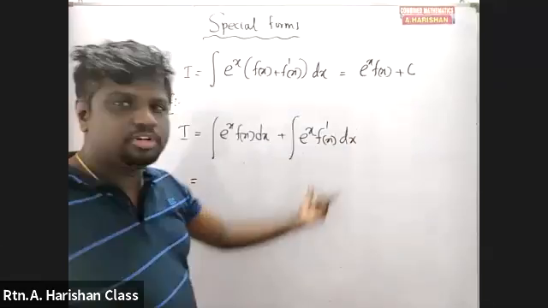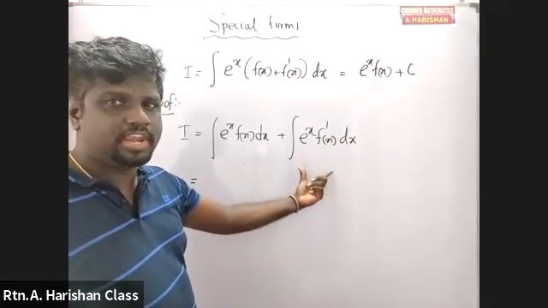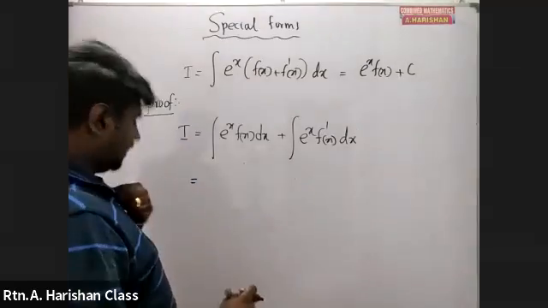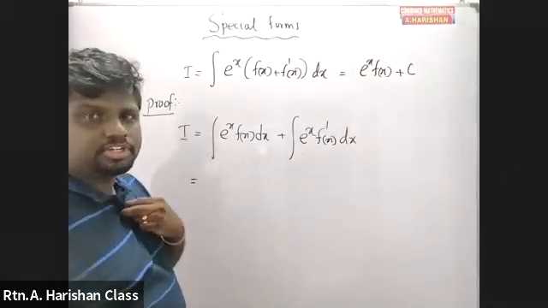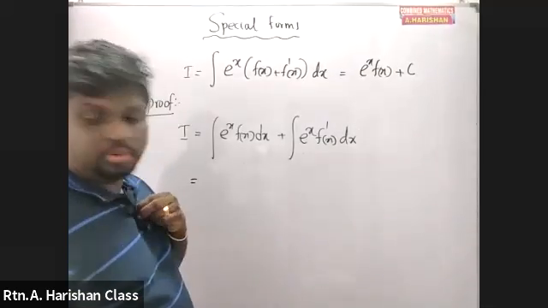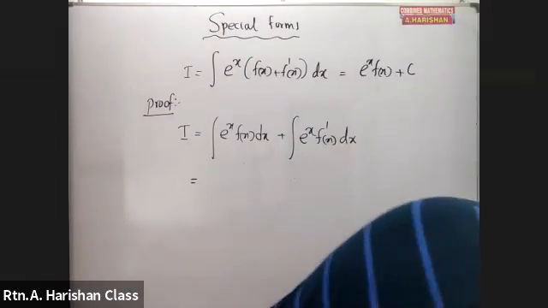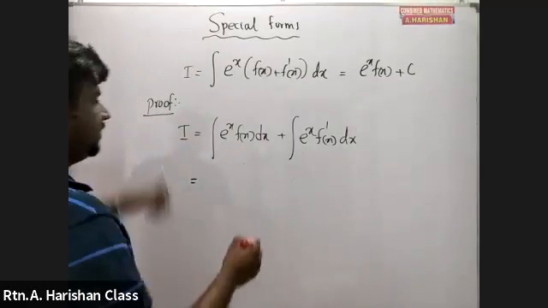So now I'm going to keep this. I'm not going to do anything to this one, but I'm going to do this one. So I'm going to integrate this. So how to integrate this?